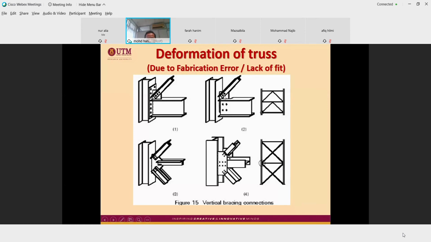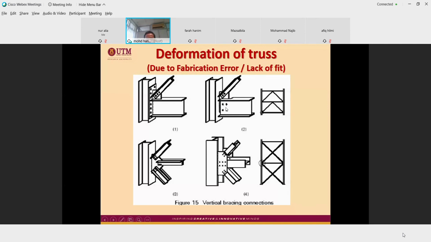In your drawing, on your paper, on your drawing board, you can do any kind of fabrication or alignment, but in actual, it is not that easy. Sometimes you have to make a hole here, because this one is actually on the ground.